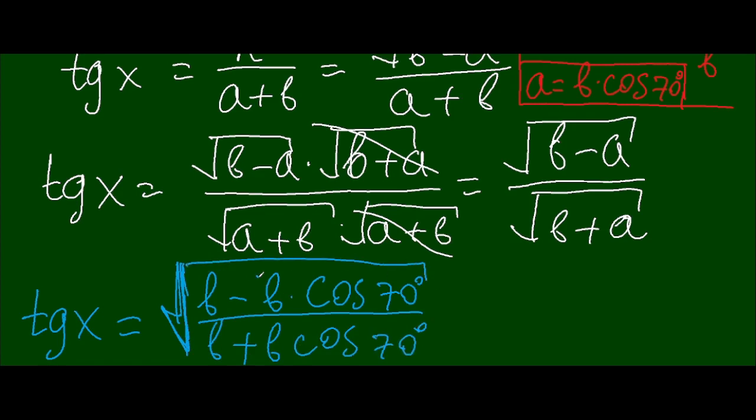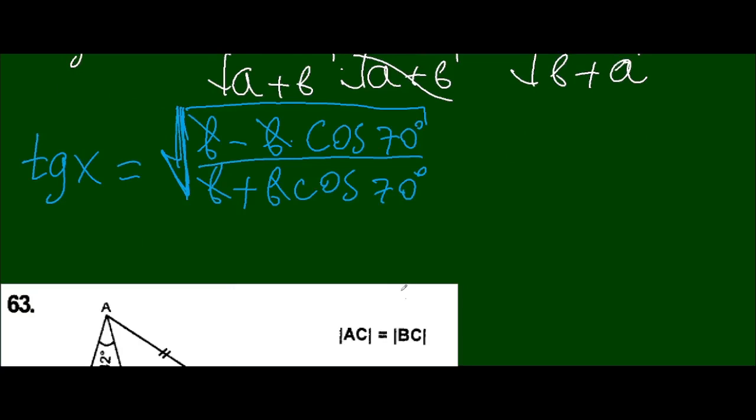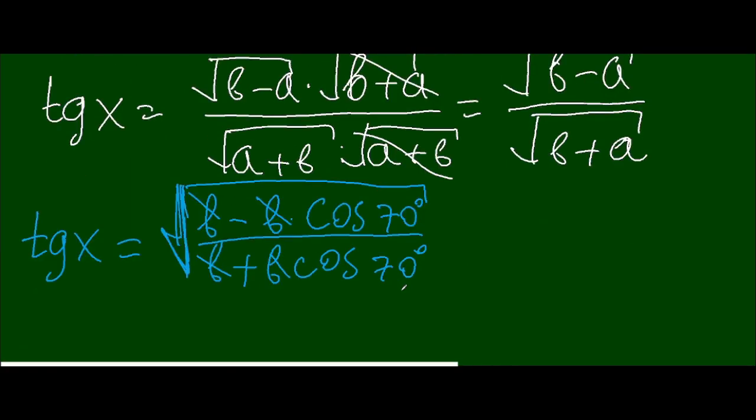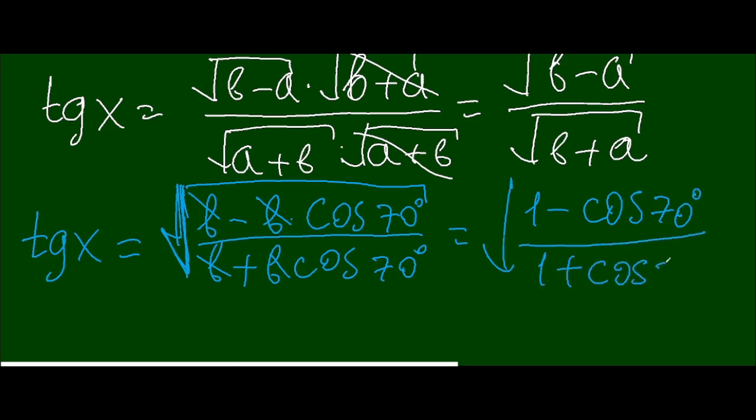It is obvious that we can cancel all the b's, and we'll get the square root of 1 minus cosine 70 degrees over 1 plus cosine 70 degrees.